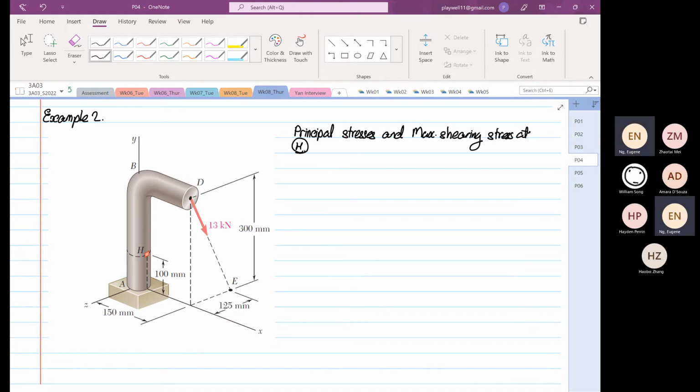The first thing we have to do is construct our transformation, and we're going to follow the diagram.